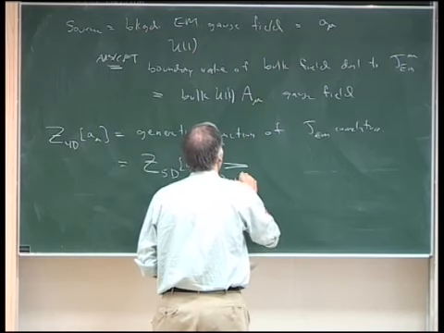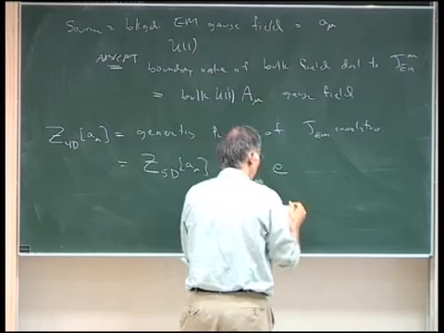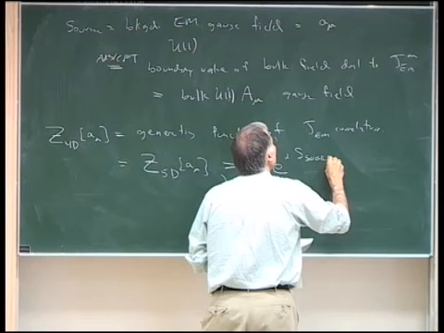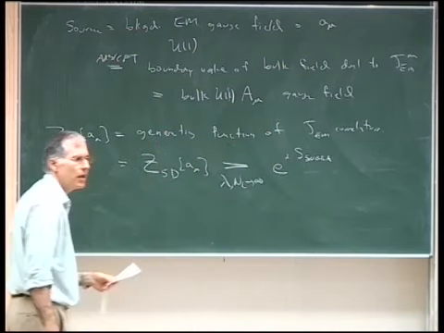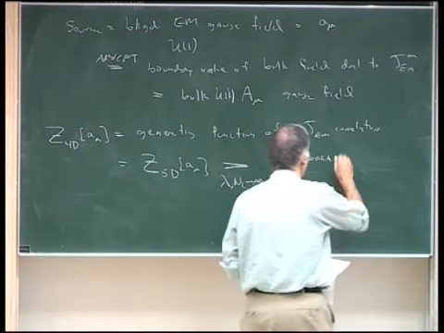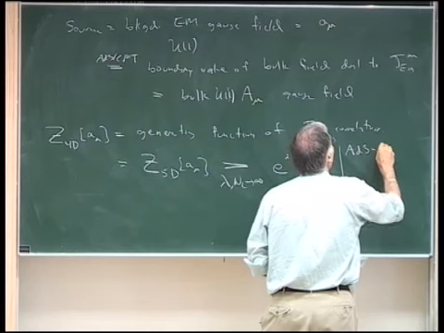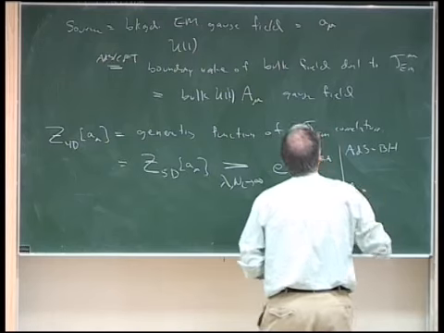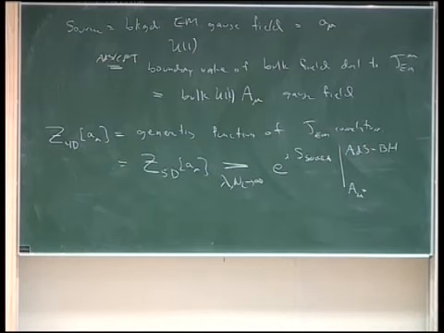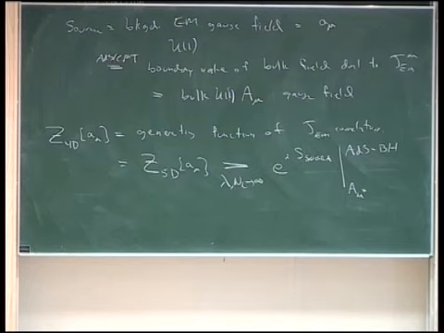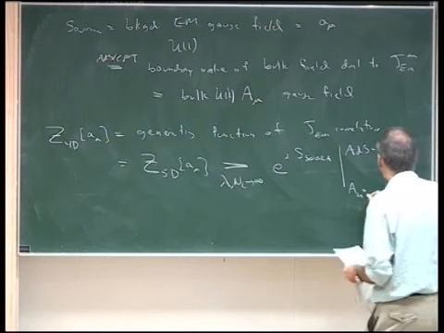And in the lambda and large NC limit, this is nothing other than an exponential of the supergravity action evaluated on shell in the AdS black hole background, but with the particular bulk field that's going to be special now having prescribed behavior at the boundary.